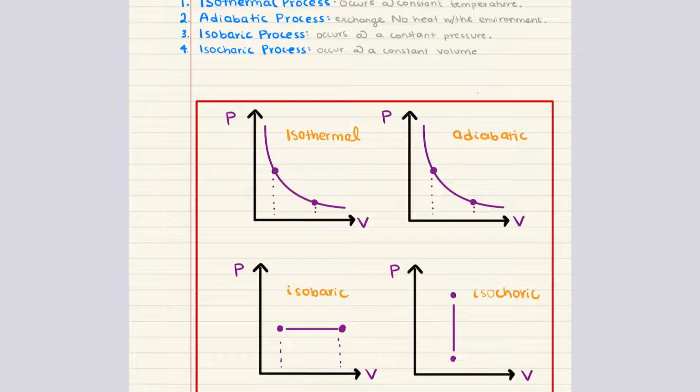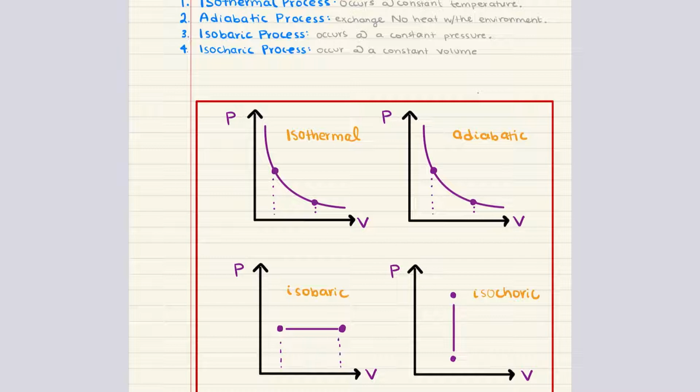In thermodynamics, we often analyze how a system changes when subjected to different constraints. Four fundamental processes provide key insights into these changes. They are isothermal process, adiabatic process, isobaric process, and isochoric process. Let's go over these four fundamental processes now.